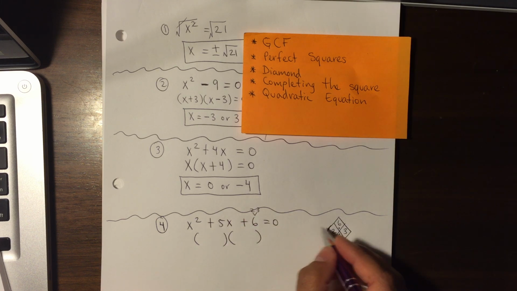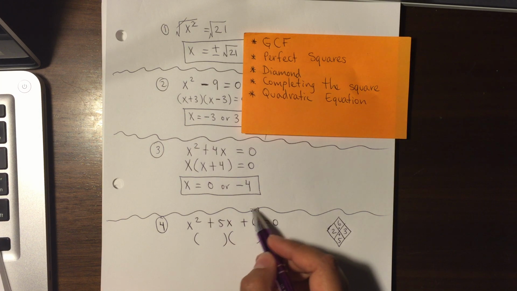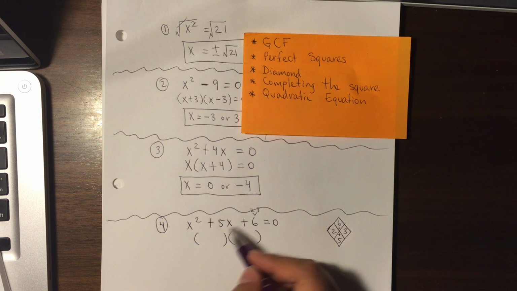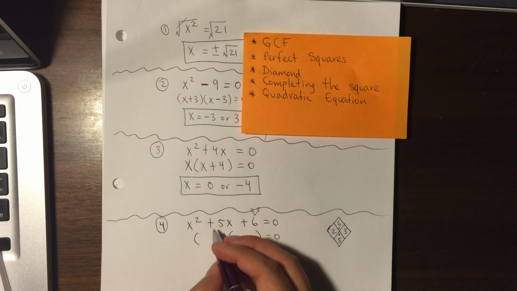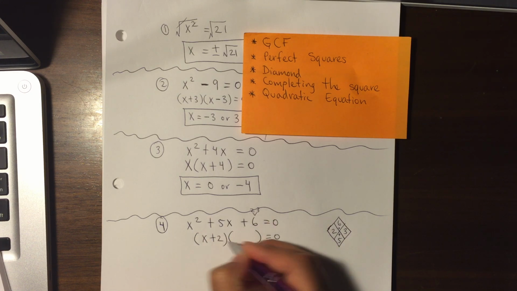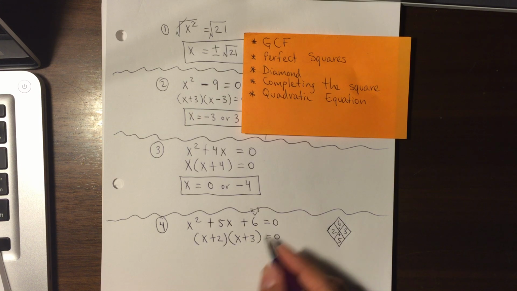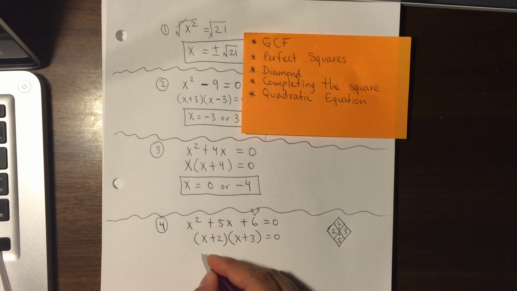So either with the diamond, which is that third, or just mentally in here by observation, you can just put x plus 2, x plus 3. So x, remember that for this to multiply and that be equal to 0, one of the two factors has to be 0.